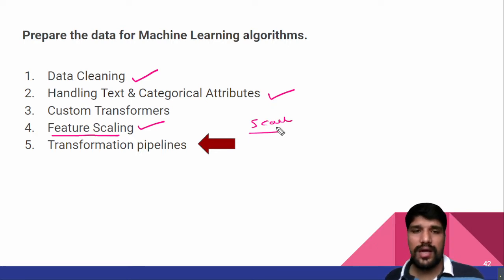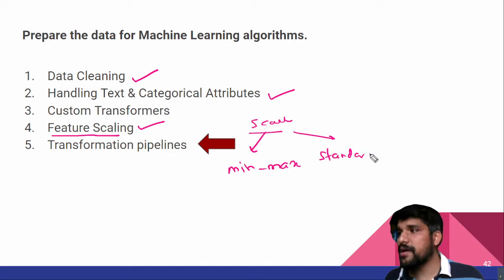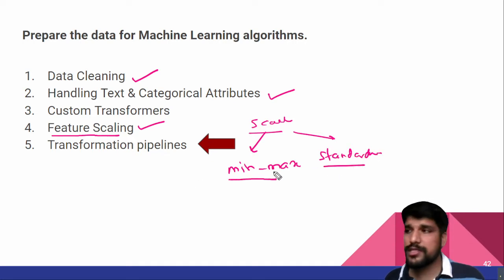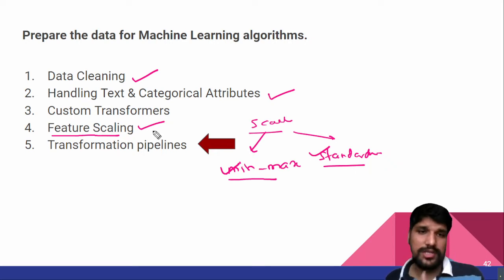So just to bring our whole data to one scale, we use two different methods called min max scaler, and second is standardization. If I remember, in my previous video I explained the difference between min max and standard scaler. So please go and watch it before watching this video.